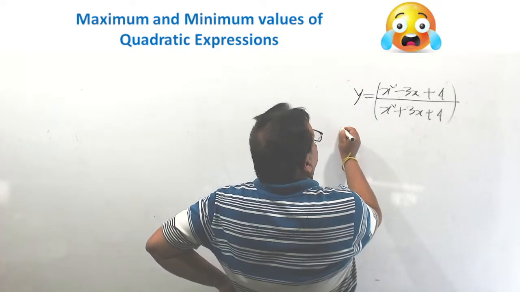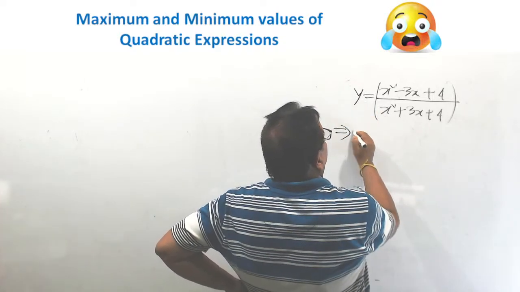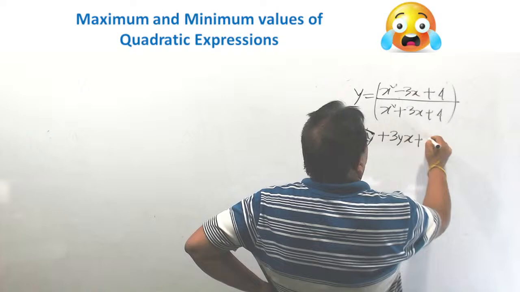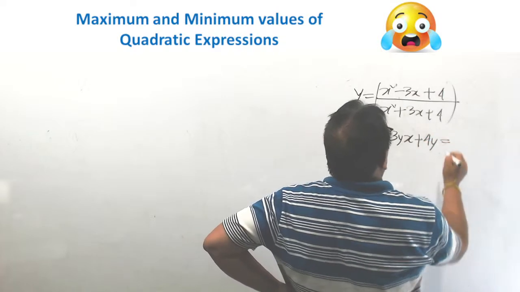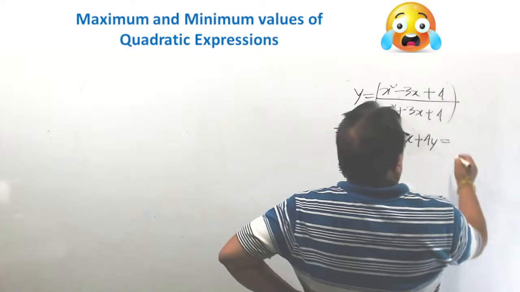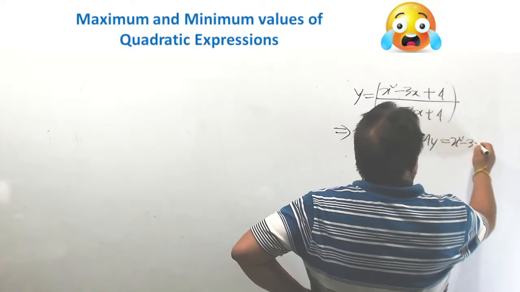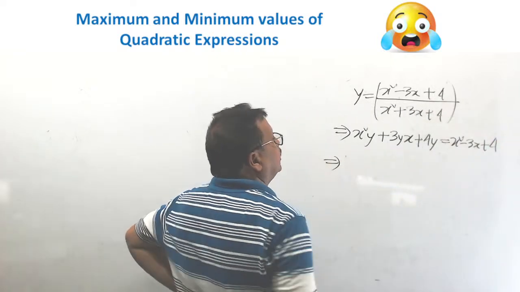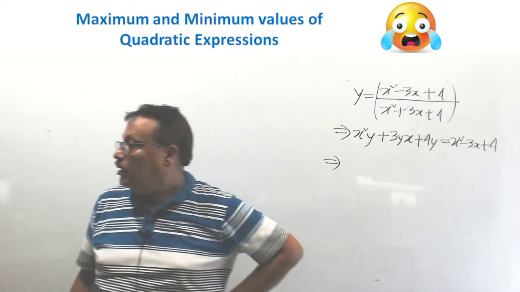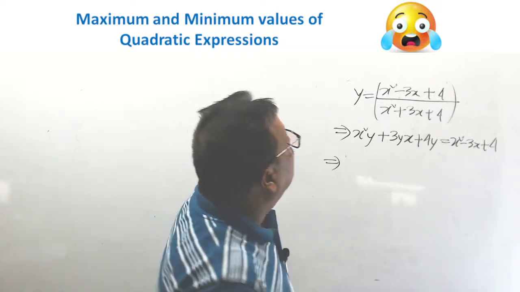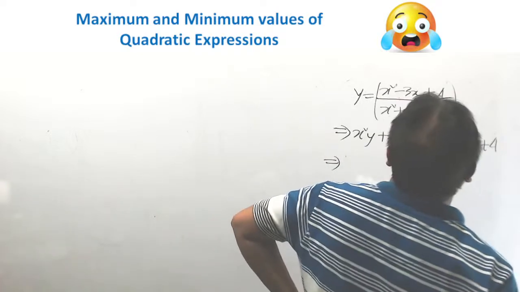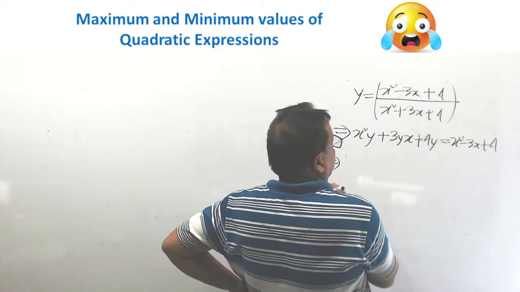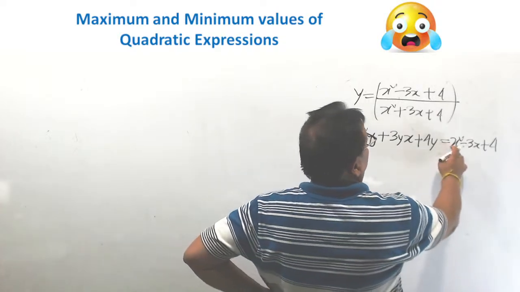So simplify this first. x square into y plus 3yx plus 4y equals x square minus 3x plus 4. Okay, this implies what? Did I write correctly?